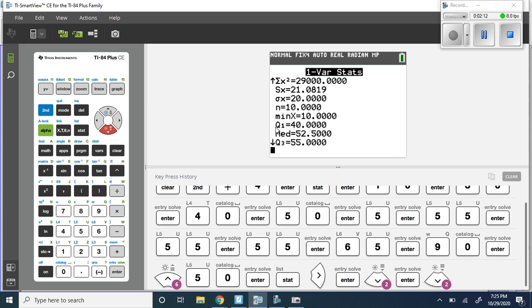Q2, the median, is 52.5. And the mode would be 55, right?